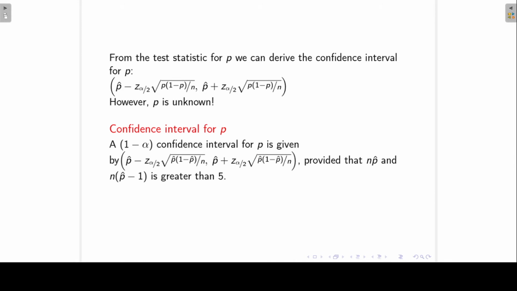So what we do is we just substitute our population proportion P in our confidence interval formula. We substitute our P with a P hat. And this then gives us a 1 minus alpha confidence interval for P, provided that nP hat and n(1 minus P hat) are greater than 5.